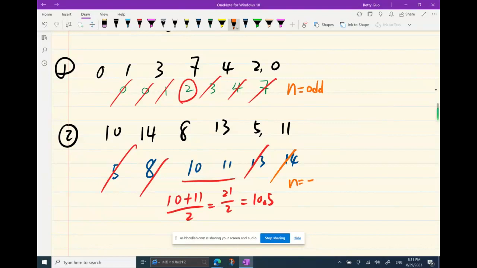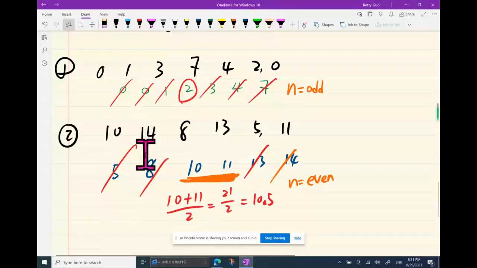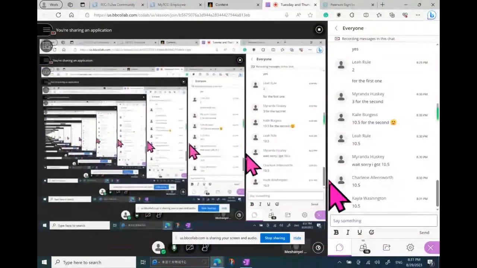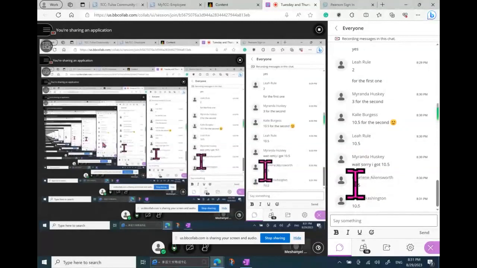If the sample size is even, and you use this method, you will end up with two values in the middle. Then you would have to take the average of the two values to find the median. So we are talking about median right here. 10.5, you are right, Miranda.